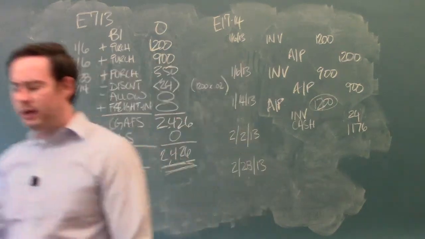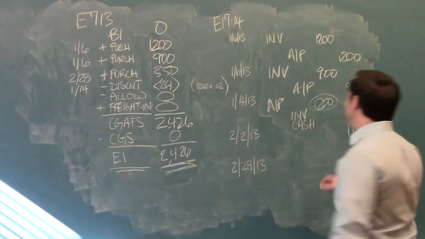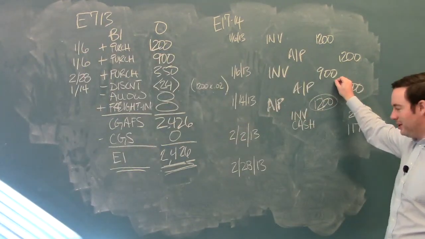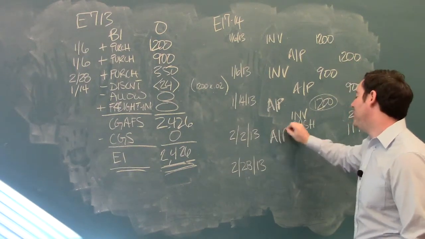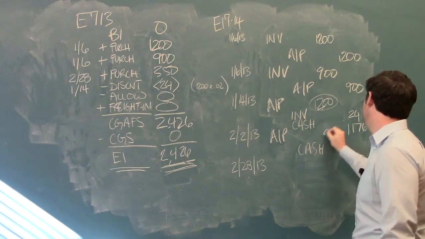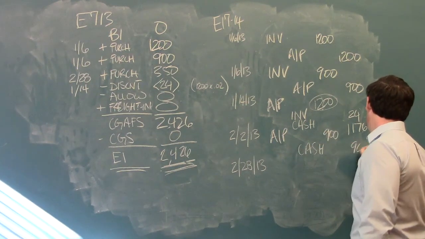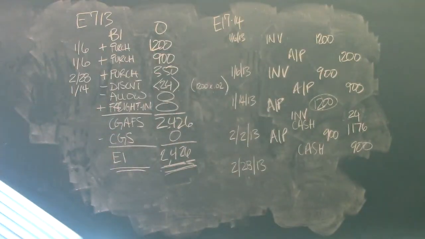On 2/13, I believe, we paid Minoz, but we did not get the discount. So in this instance, this is the $900 that we purchased as our second purchase. We pay it all, but we don't pay in time to get the discount. So we have to do full cash and full AP, $900. And then on 2/28, I believe that's our last purchase.